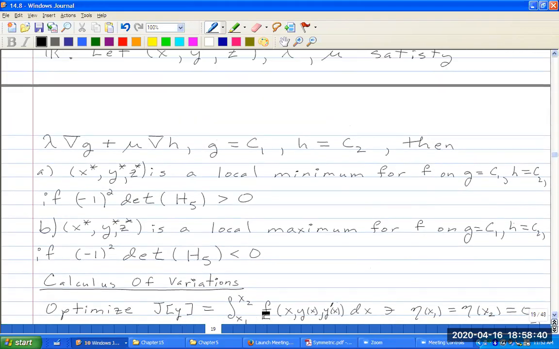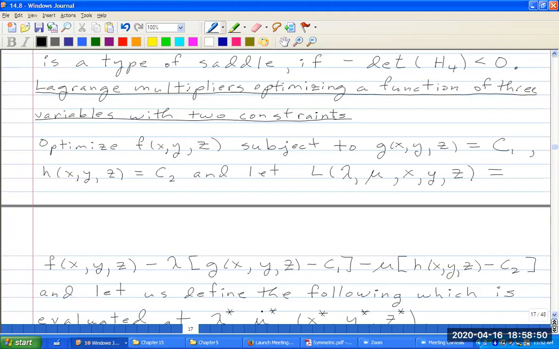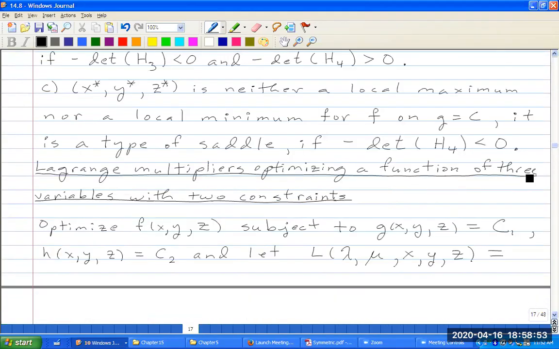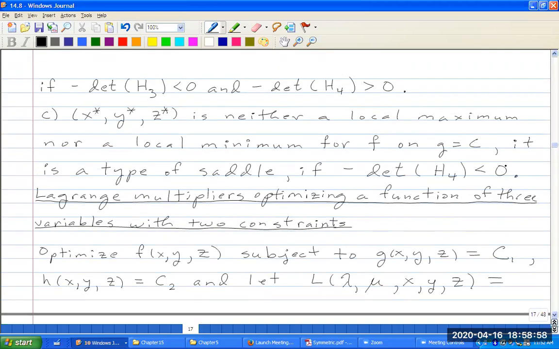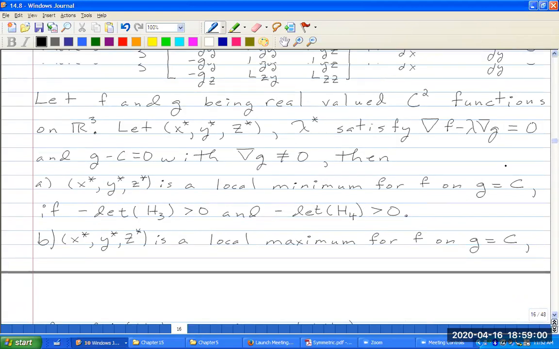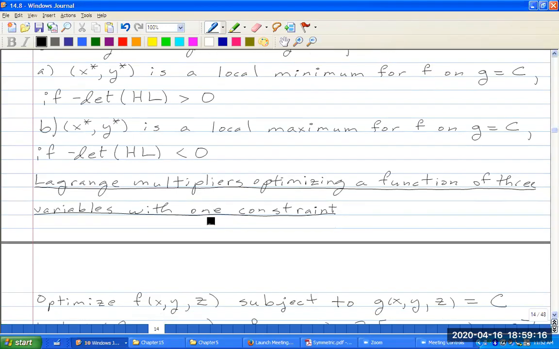Notice in this case, even though I said it, it may not have resonated in the general case. So notice I have 3 variables, 1 constraint. That means I'm going to have to look at 2 conditions.